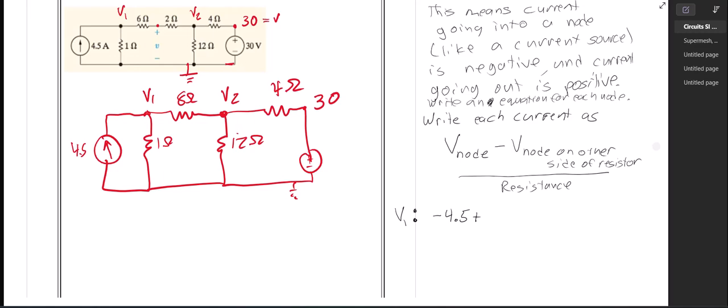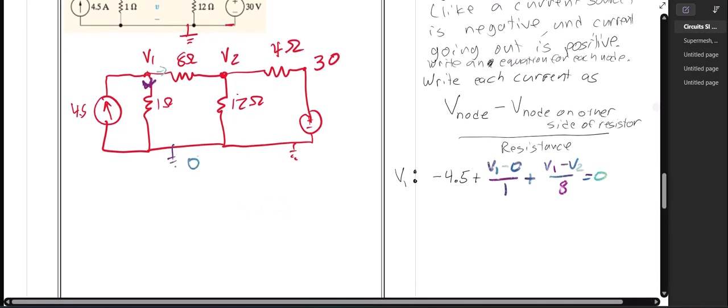The first one I'll do is the one going down this branch. This was ground, that's 0. So that one will be V1 minus 0 over 1, plus the one going to the right, V1 minus V2 over 8, and that equals 0.